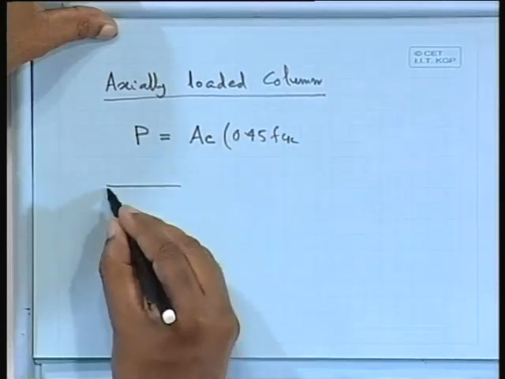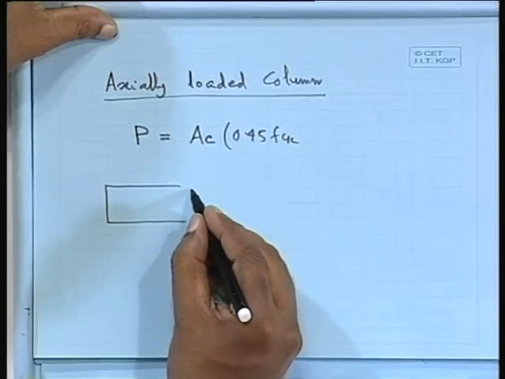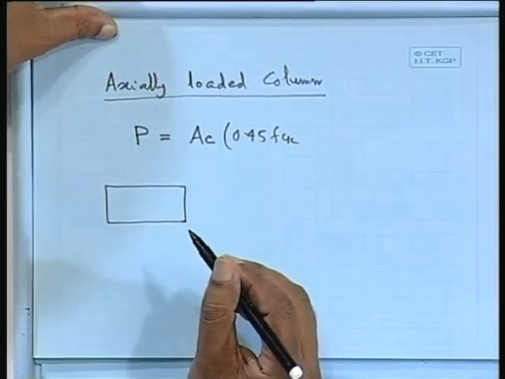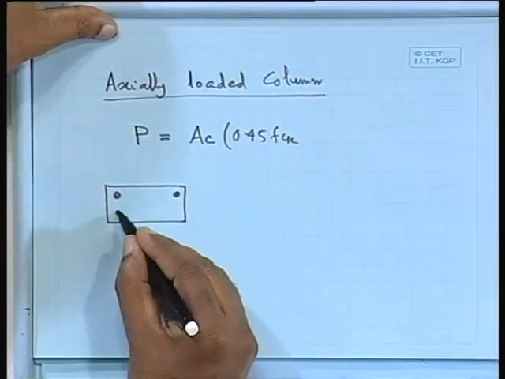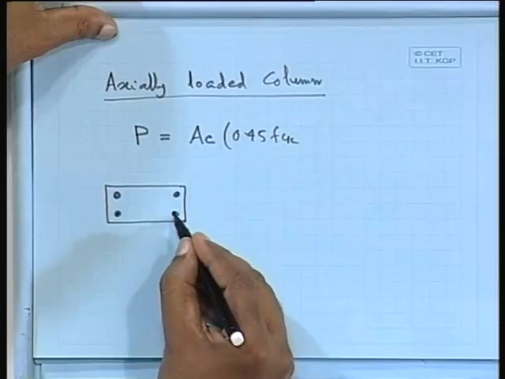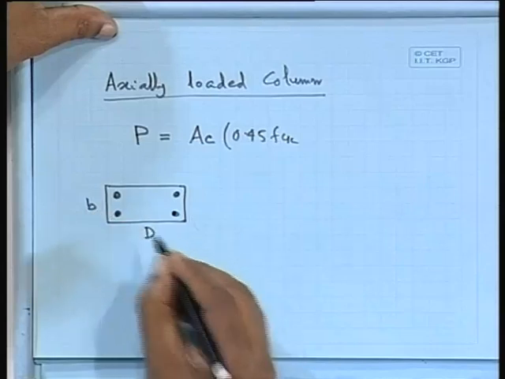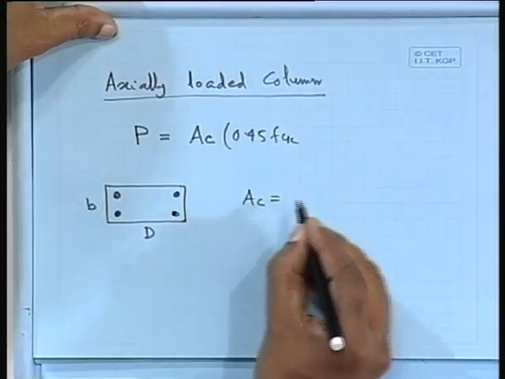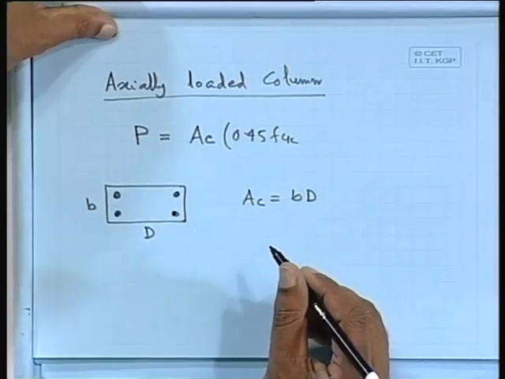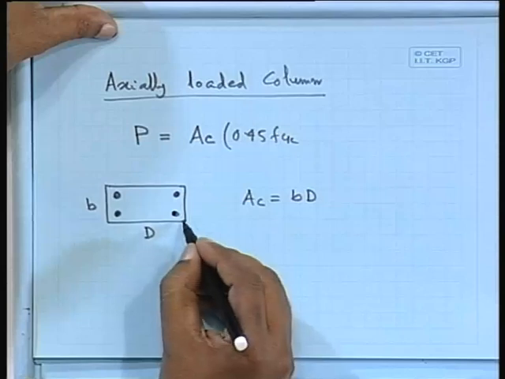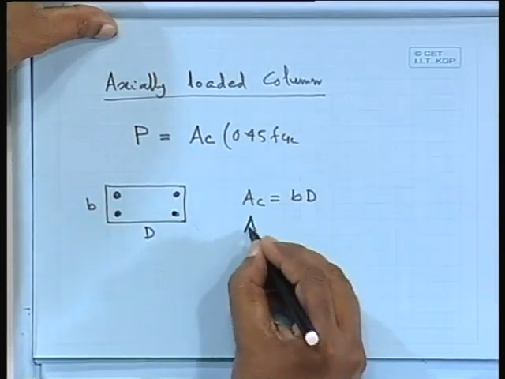If we take a section, here let us say we are having this steel. So we are having, say, B and D. Ac, the area of concrete, let us say B times D. Area of steel will be, if you have 4 numbers or 6 numbers of bars, whatever, from there you can find the area of steel.